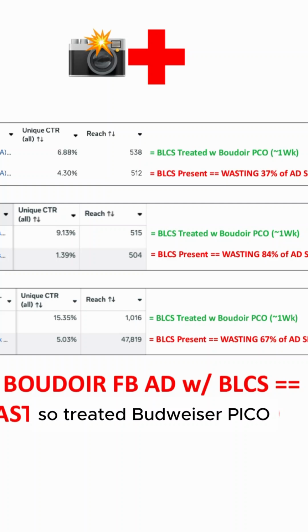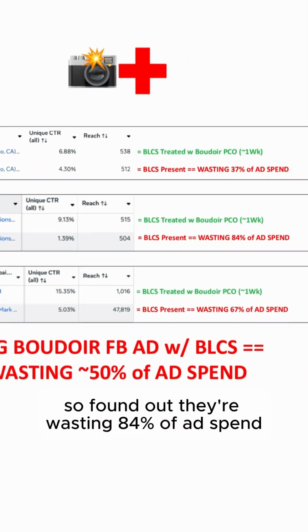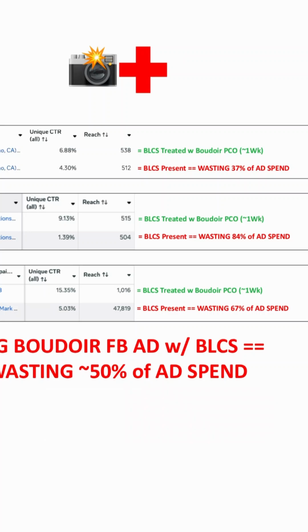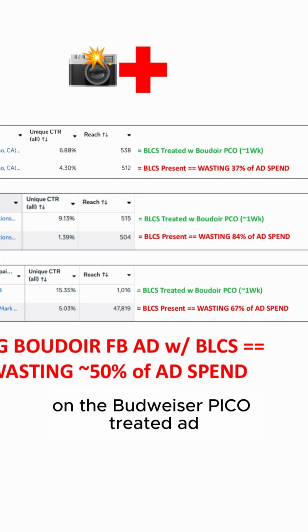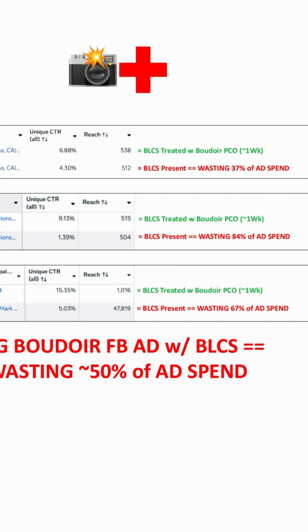So we treated it with Boudoir Pico, took about a week, and got the unique CTR up to 9.13%. So we found out they were wasting 84% of ad spend with the original Boudoir Facebook ad. So if they're spending 10 grand a month on the original ad, now they only need to spend 1.6 grand a month on the Boudoir Pico treated ad to get it into the same number of women's brains.